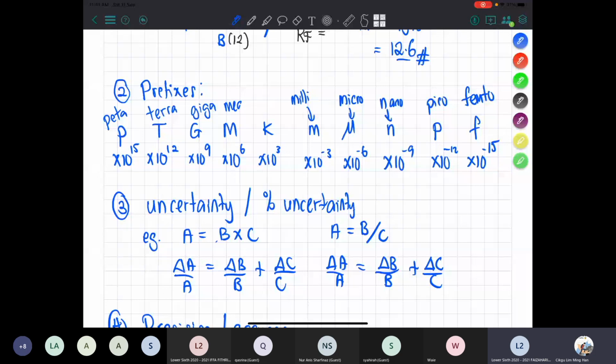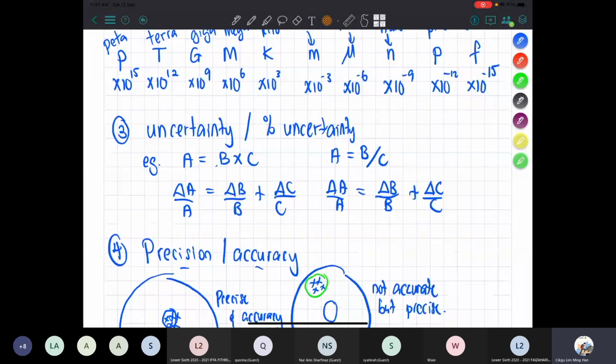This one is mega. And this one is kilo, and so on. Make sure you know all this. Two of them will be out this coming Monday. If the question has nano, nano is -9. Giga is 9. And kilo is 3. So all these prefixes, please make sure that you know the number. All right. Next one, number 3.